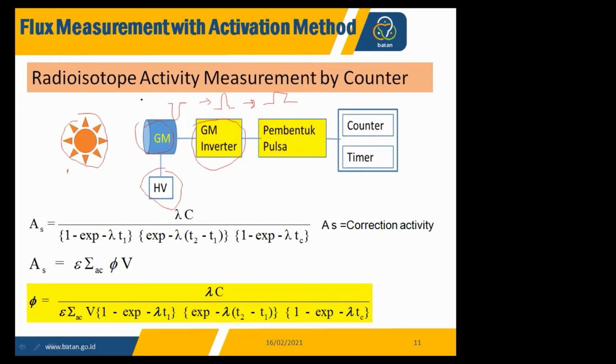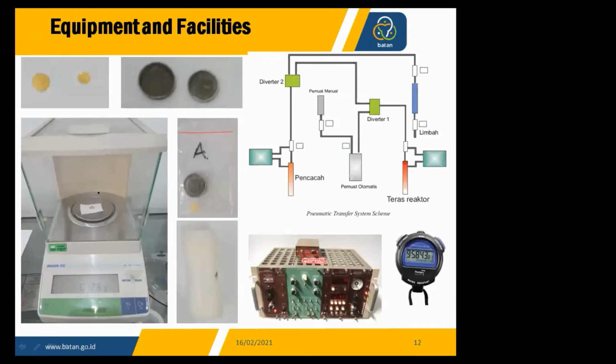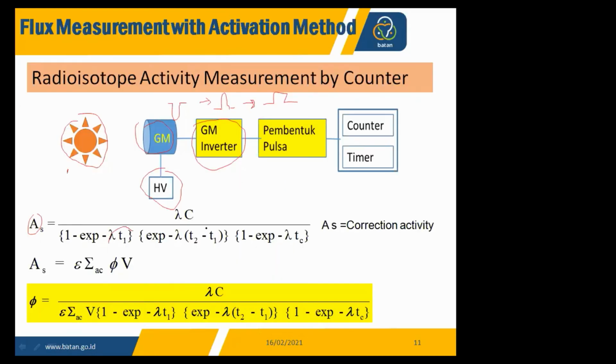After that, the measurement of gamma radiation particles is then used to calculate the activity. A means the activity, calculated by considering T1, T2 minus T1, and Tc.